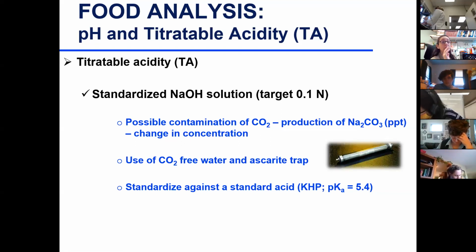So we'll go over that in lab next week. You will watch the video and we'll do the calculations together where we use the known amount of potassium hydrogen phthalate to calculate the actual normality of NaOH, which you will use in calculating titratable acidity.